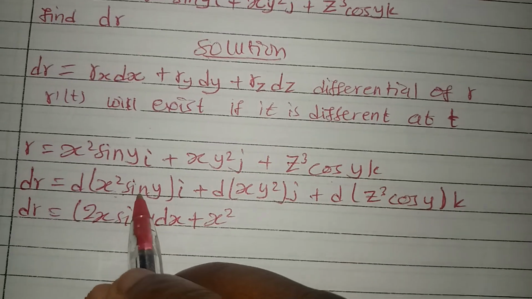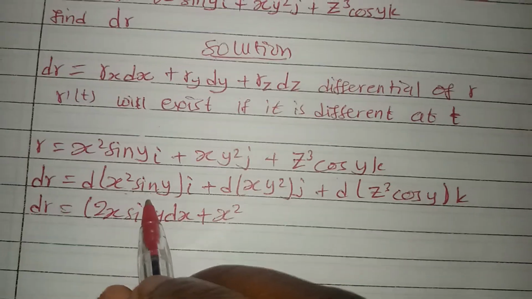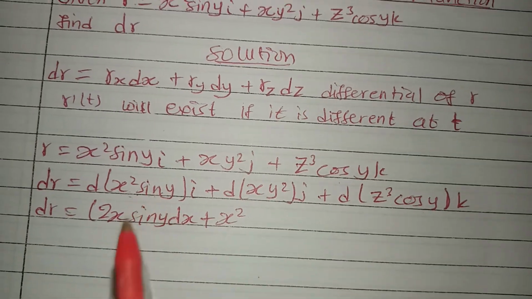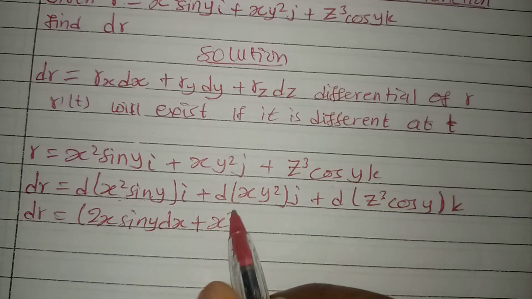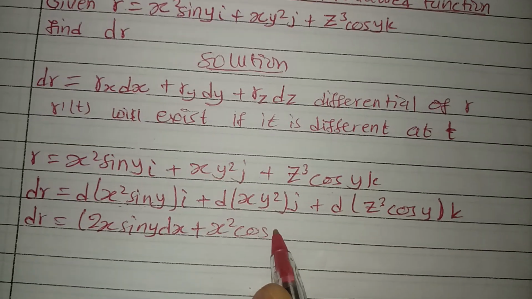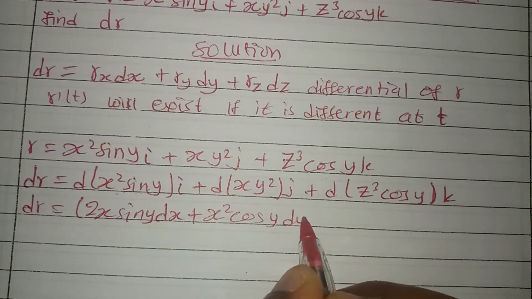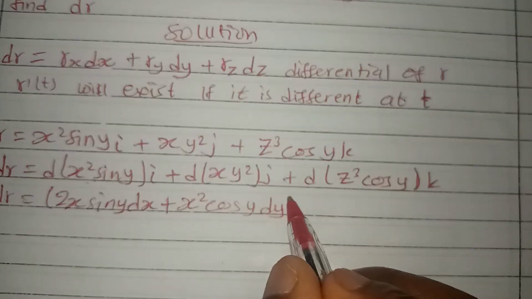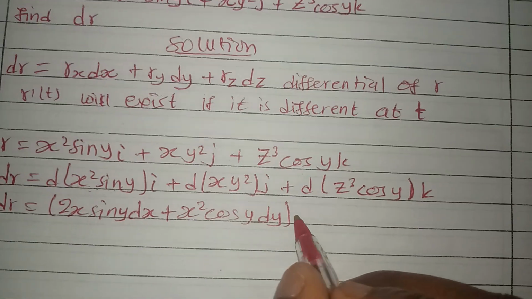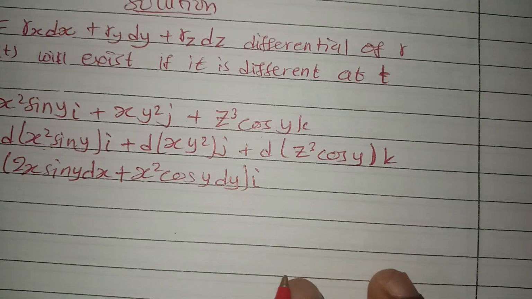Whenever you differentiate sine, it's cos, and the cos is not negative cos but rather positive. So we have cos y with respect to y, that is dy. Then we close the parentheses, i.